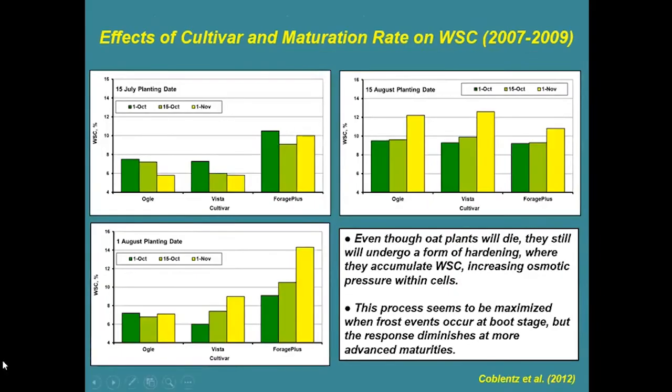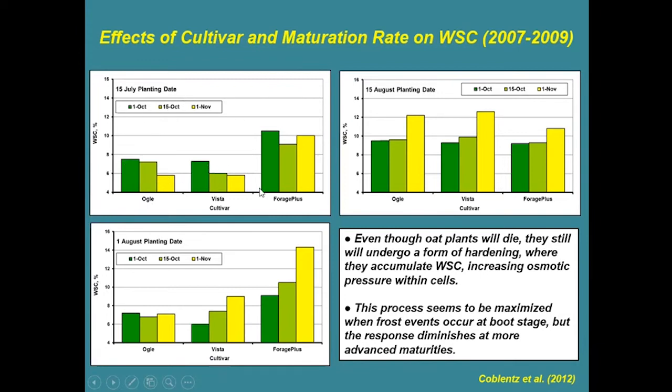One of the things that was very interesting about these plants, which I haven't talked about yet, is the way these plants that are grown in the fall in this manner accumulate sugar. And for the July 15th planting date, you'll notice that the rapidly maturing grain type has a decrease in water-soluble carbohydrates or sugar as a function of utilization date.